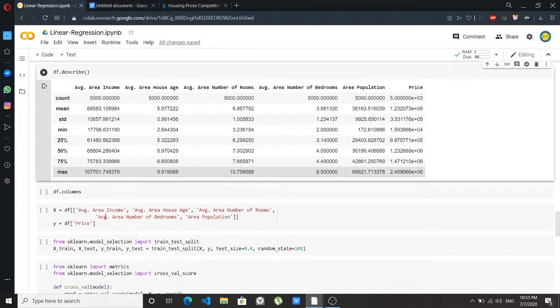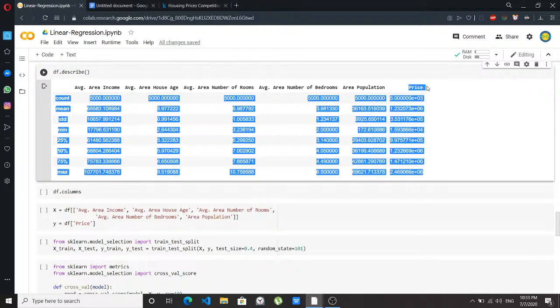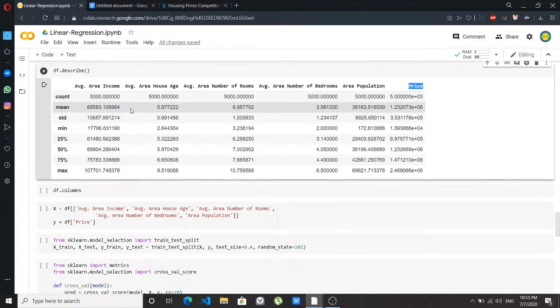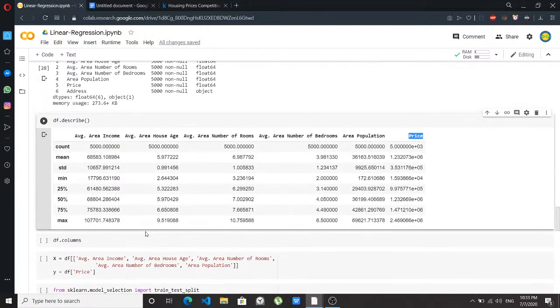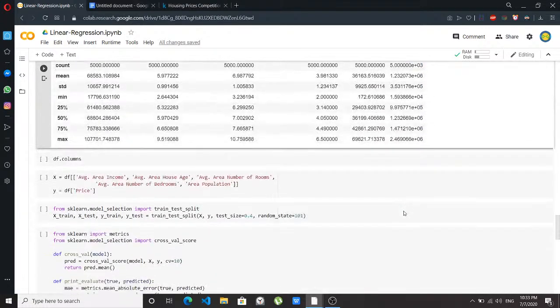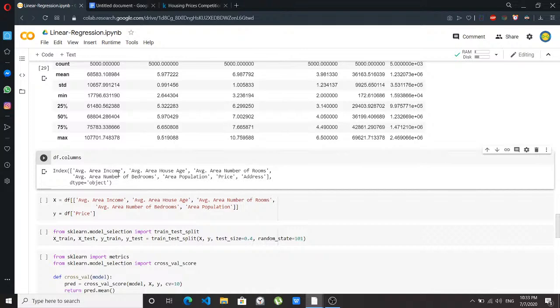So basically here what we need to know is that these are the values that are affecting the price, and we want to find the price given these parameters or variables. We are trying to find a relation between these values and this value, that is the price. df.columns gives the names of the columns.